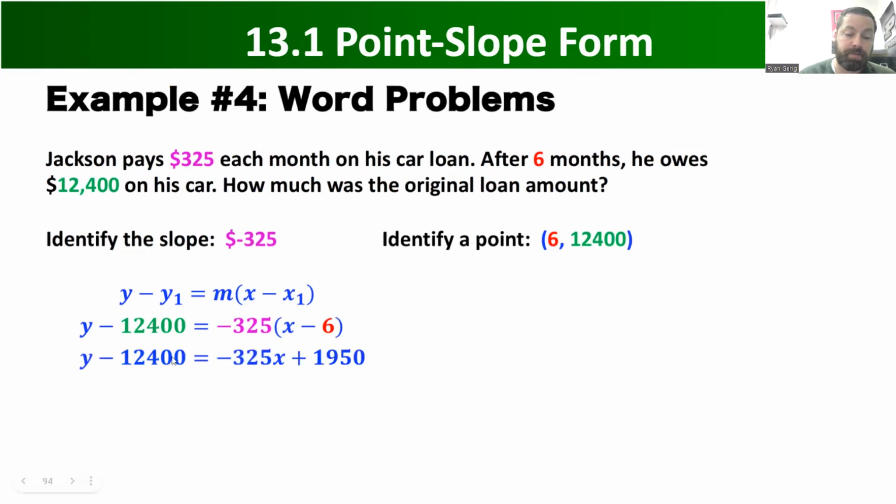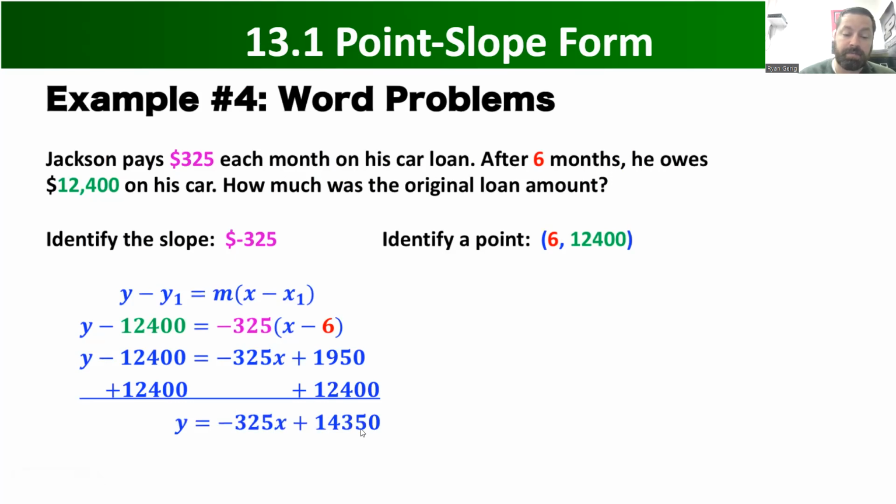Distribute negative 325 times x, and then negative 325 times negative 6 is positive 1,950. Add 12,400 to both sides, and you get 14,350 for the y-intercept. The y-intercept is where he started, so he started the loan with $14,350, and he subtracts $325 each month. Okay, and that concludes lesson 1.